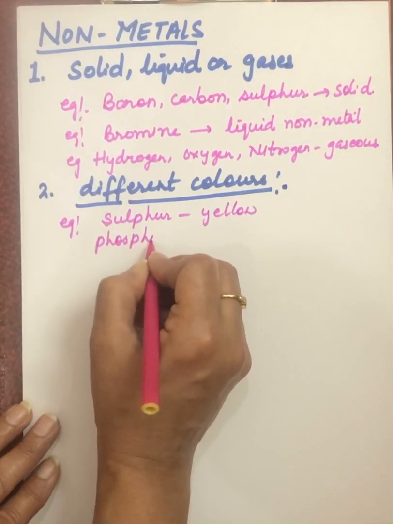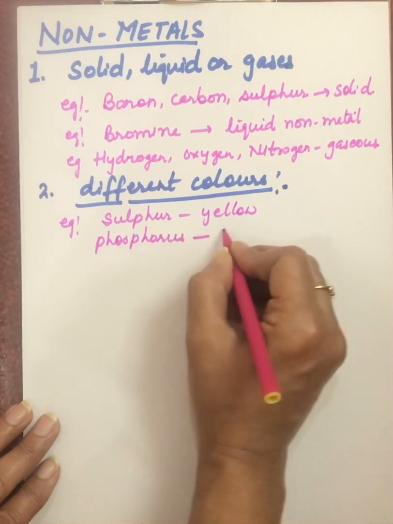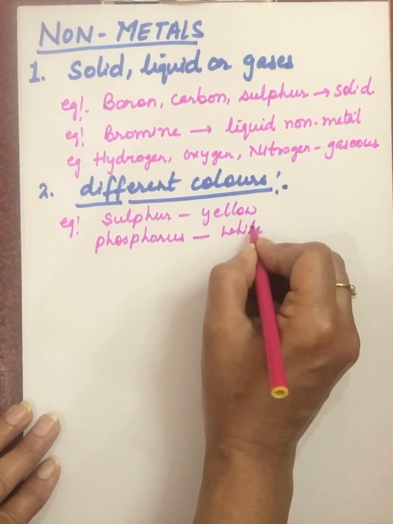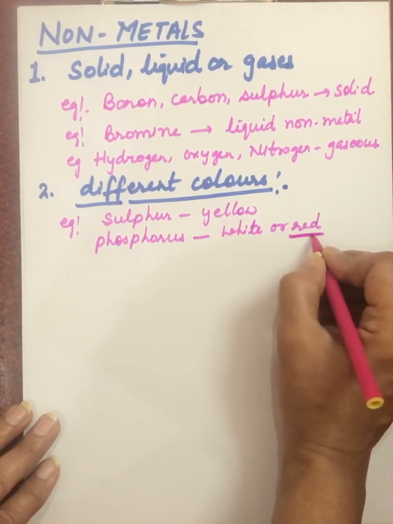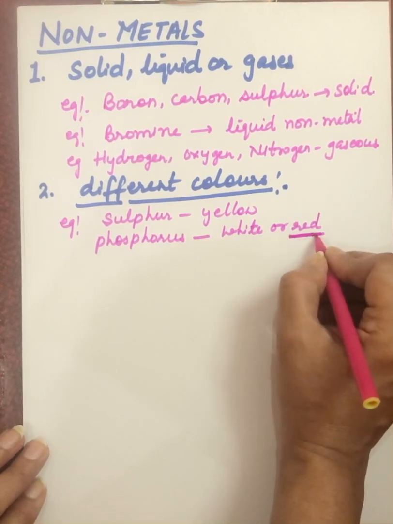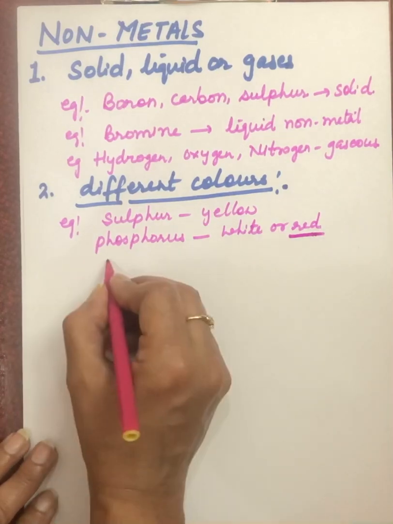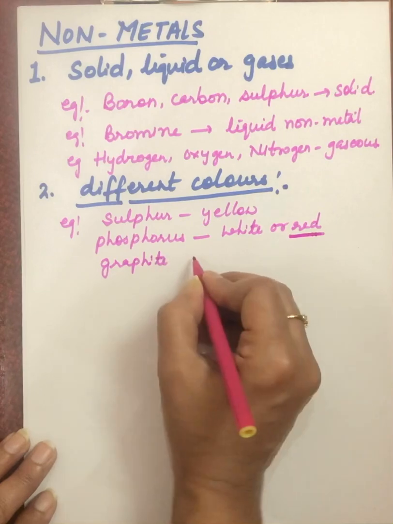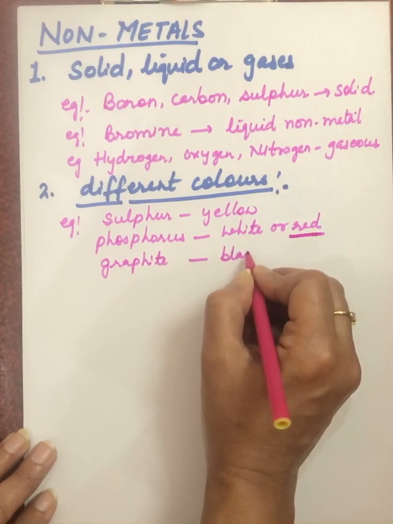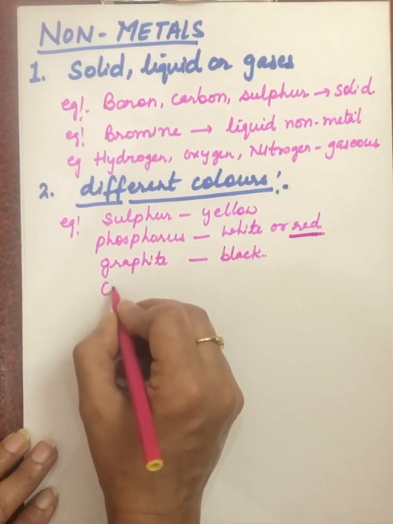Phosphorus is of two types, white or red. The red phosphorus is used on the top of the matchstick. That red color is the red phosphorus actually. Graphite is a type of carbon only. Coal is black in color.